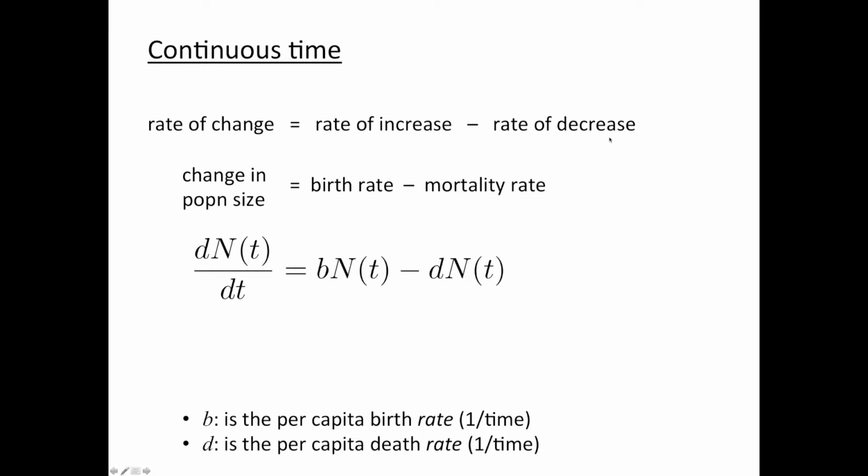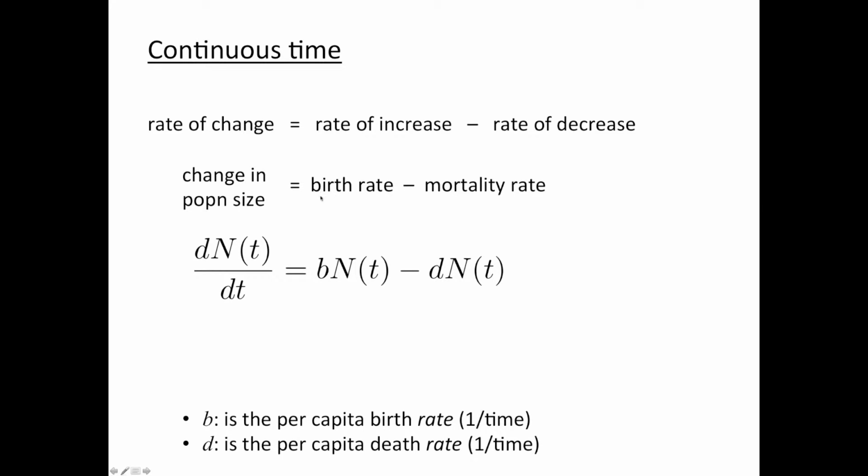And in the simplest case, the exponential growth case, our change in population size, so this is the rate of change, is equal to things that are making the population size increase, which would be the birth rate, minus things that are making the population size decrease, which are mortality, or in other words, deaths.